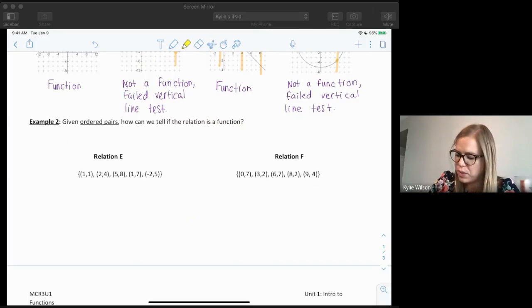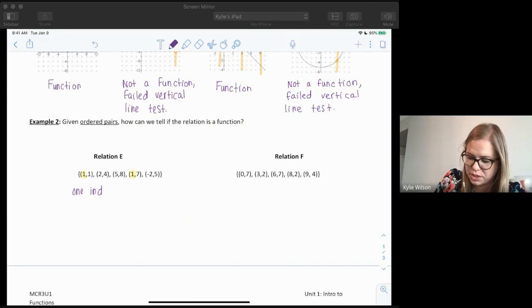So I have (1, 1), (2, 4), (5, 8), (1, 7), and (-2, 5). I'm going to point out the ones that have the same x values. Because I have 2 of the same x values with different y values, I have 1 independent.